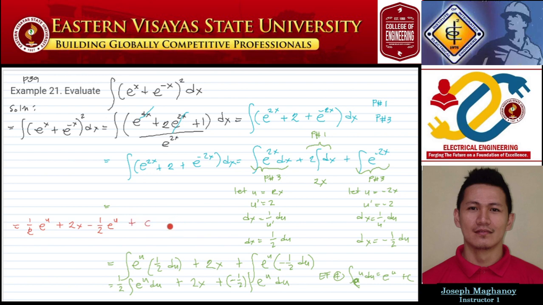Then we recall our u value. So 1/2 e raised to 2x plus 2x minus 1/2 e raised to negative 2x plus c. So that is your final answer for example number 21.